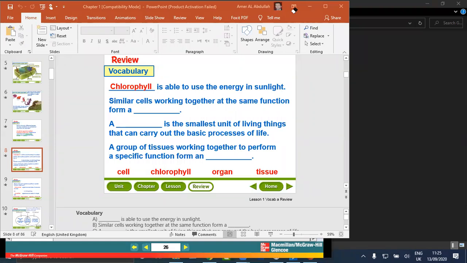Where? Annotate. Where's the pencil? Remove it from us. I don't have it. How do you have it? You press the touch icon, and you will see it down there. There is a pencil.